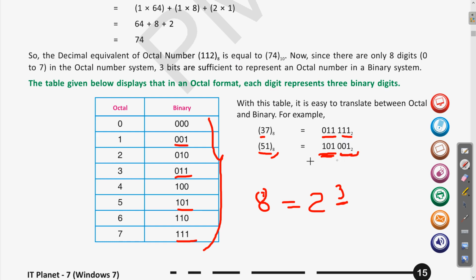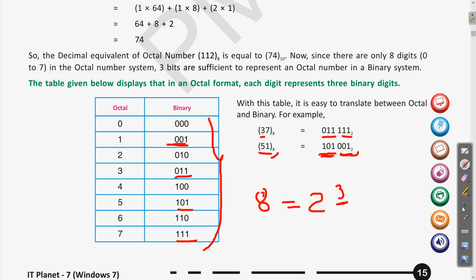So 5 is written as 101, which is 3 digits. Then 1 is also written in 3 digits, that is why 00 is written before 1, so 3 places are occupied. Clear? So this way we can write all of these digits in the equivalent binary.